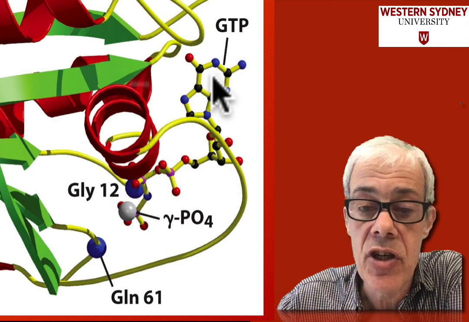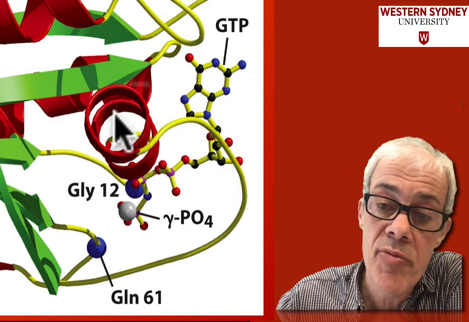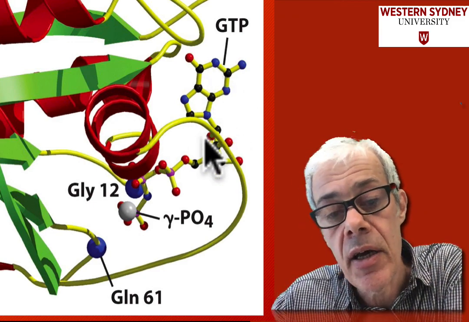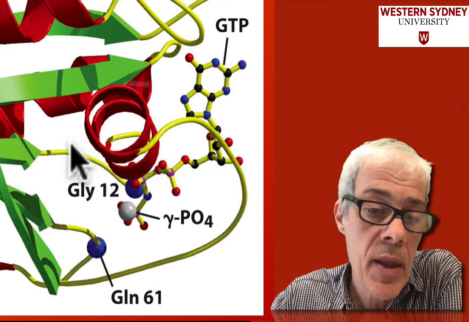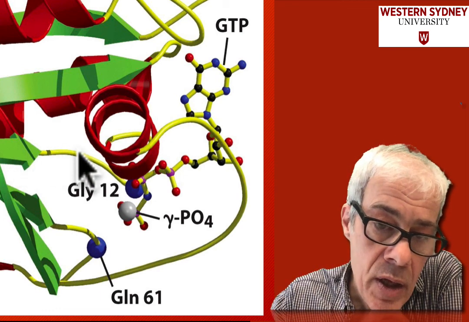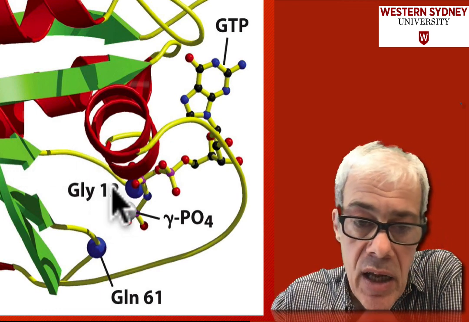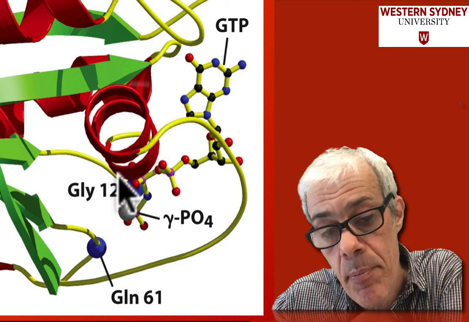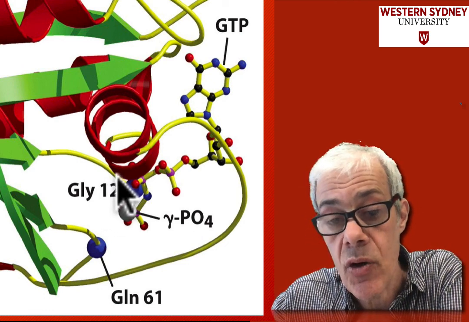It's showing the nucleotide that's bound to the protein. If you look at where that nucleotide is bound, you're looking at this loop here. Somewhere along this loop is Gly12. It's the 12th residue. And we know that a mutation at that part of the protein is oncogenic.